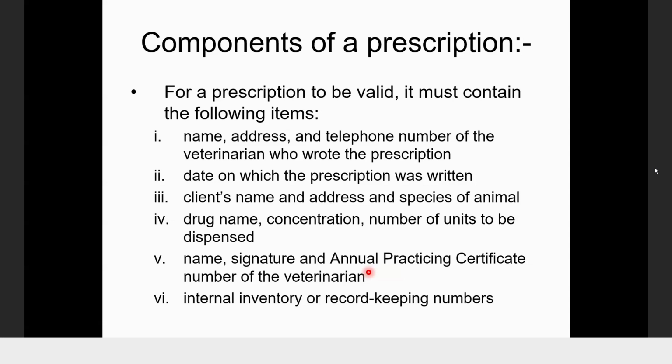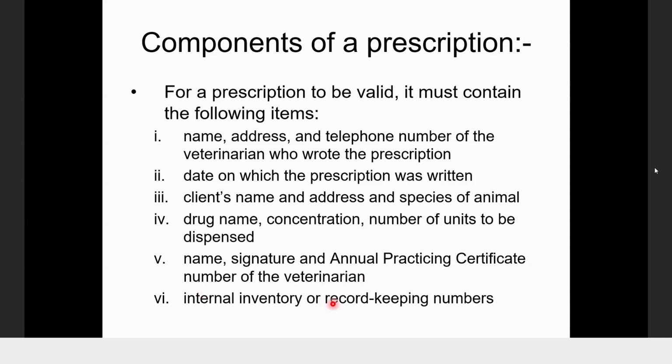It's a yearly thing. If you do not have the APC, you cannot practice. It's illegal. If you're caught, you'll be fined by the authority. So everyone who wants to practice has to renew the APC yearly.